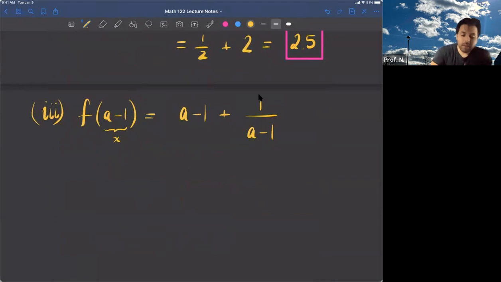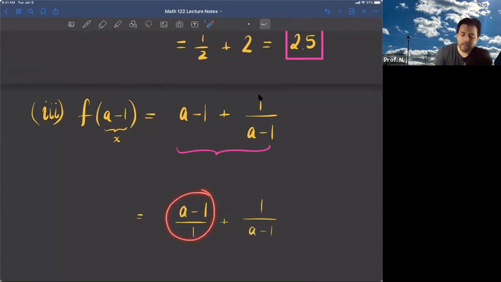Or I can say, can I combine this together? I could. If I wanted to, I can rewrite this as a minus 1 over 1 plus 1 over a minus 1. Now remember, when we combine fractions, I must have the same denominator. What's the LCD here? It's just a minus 1.